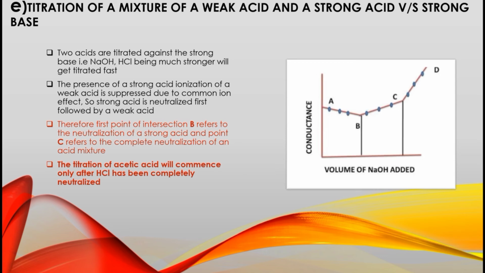So strong acid is neutralized first, followed by a weak acid. Therefore, the first point of intersection, B, refers to the neutralization of a strong acid, and point C refers to the complete neutralization of an acid mixture. The titration of acetic acid will commence only after HCl has been completely neutralized.